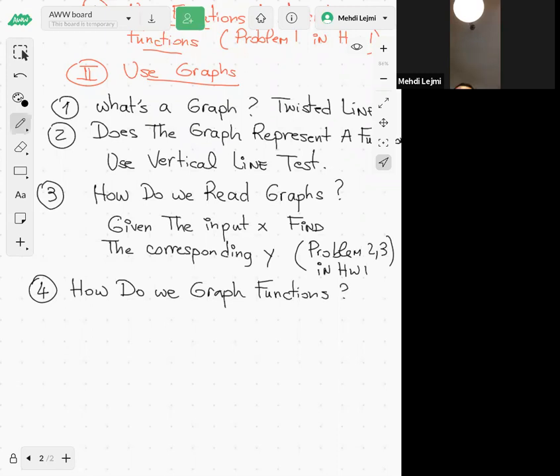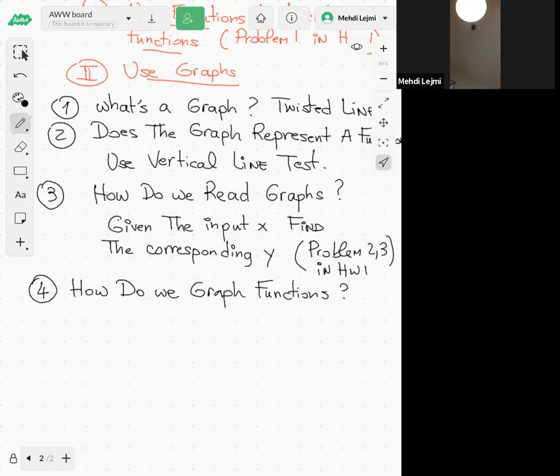So the idea is, later in chapters 2, 3, and even 4, we'll see how to graph some special functions like logarithmic functions, exponential functions, trig functions. And in chapter 2, we'll see how to graph polynomials, rational functions, etc. But for the moment, what we can do to graph functions is just to plot as many points as you can, and then just connect the points.